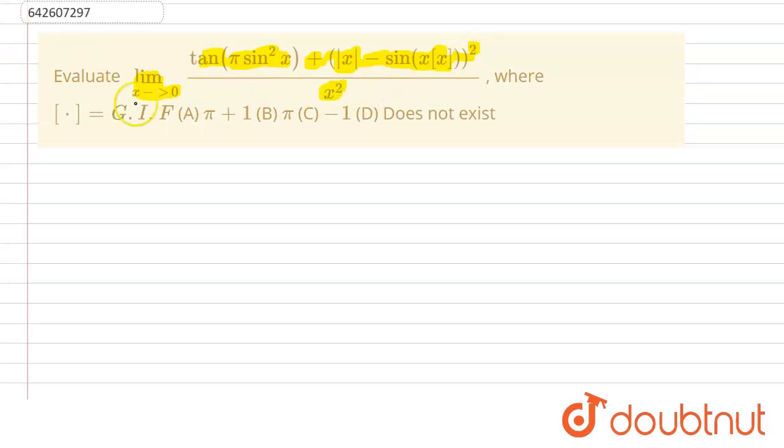So we have a function: limit x tends to 0 of tan(pi sin^2 x) upon x^2, plus limit x tends to 0 of (|x| - sin x [x])^2 upon x^2.